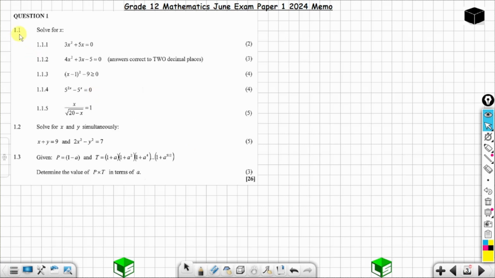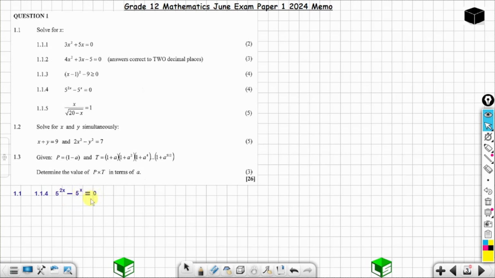Okay, we're still on question 1.1. Now we are going to solve 1.1.4. Okay, 1.1.4. So you are given this. Okay, this question is 4 marks. Okay, so you have 5 to the power of 2x minus 5 to the power of x is equal to 0.